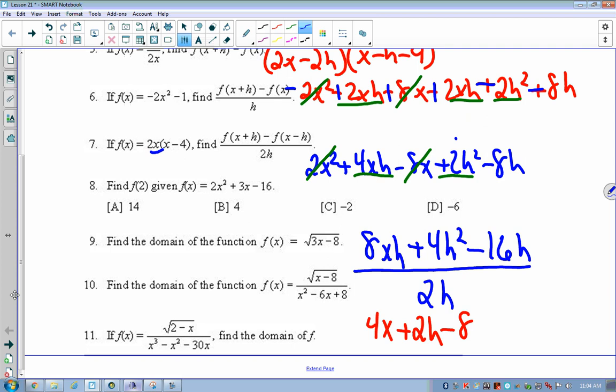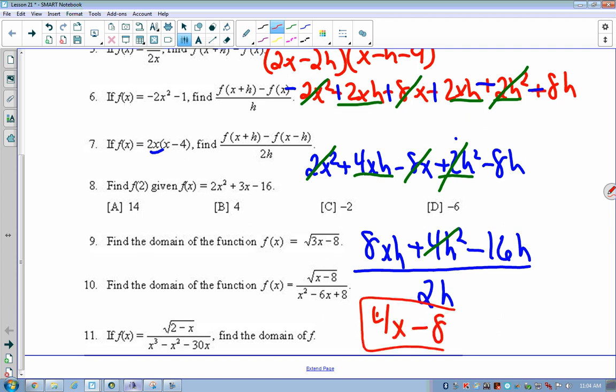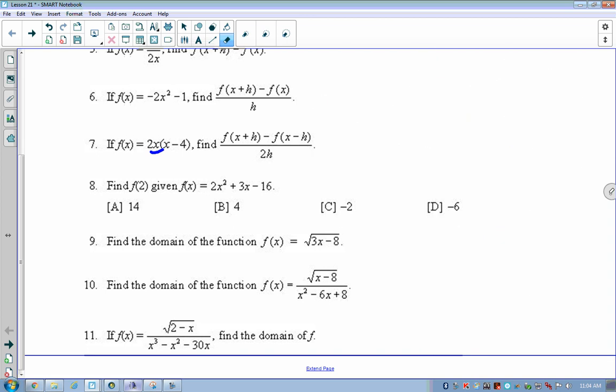And those should have canceled out here and here, which would have eliminated that. So I should be getting just 4x minus 8. Sorry, 4x minus 8. Okay. All right, let's keep going.